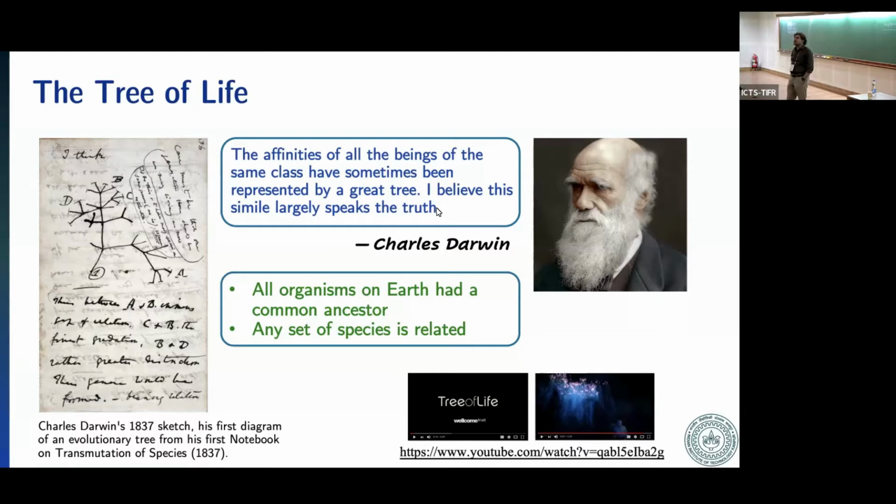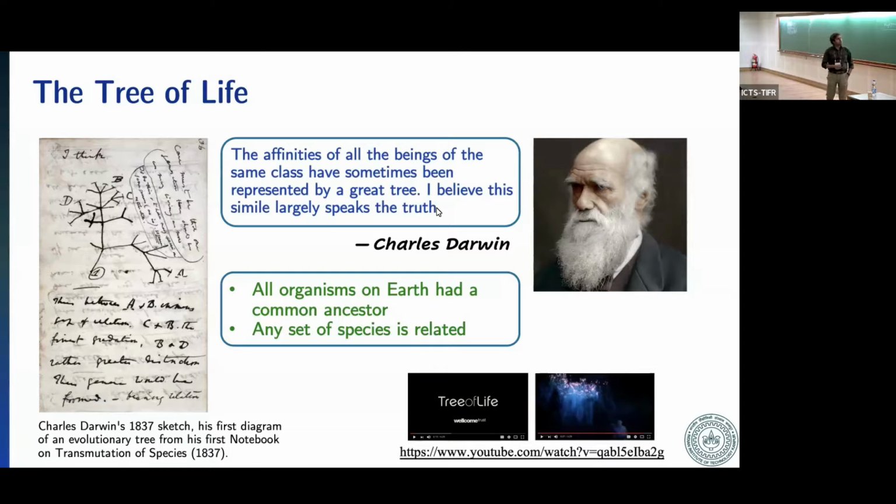So he was looking at the biodiversity that is present across different ecosystems. And he came up with the hypothesis that all these different organisms that we see in today's world can be somehow connected via a very large tree. And this particular tree, he called the tree of life.